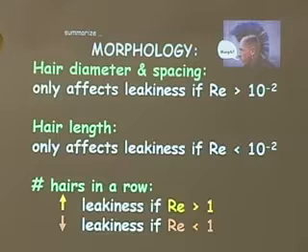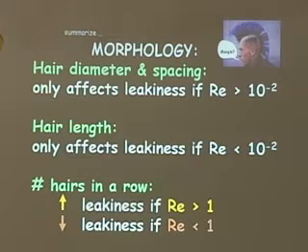And then we find something very weird if you look at the number of hairs in a row. If you have a row of hairs and you put more hairs at the end of the row, if the Reynolds number is greater than 1, the structure becomes more leaky, more flow between the hairs. But if the Reynolds number is less than 1, the structure becomes less leaky if you put more hairs in the row.